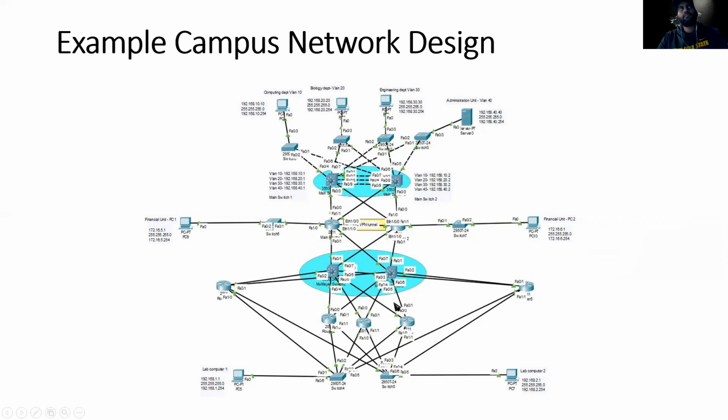The reason is that there should be many paths to communicate inside a campus network to keep the network functioning continuously. So if a router or a switch goes down, there should be another path to communicate inside the network.